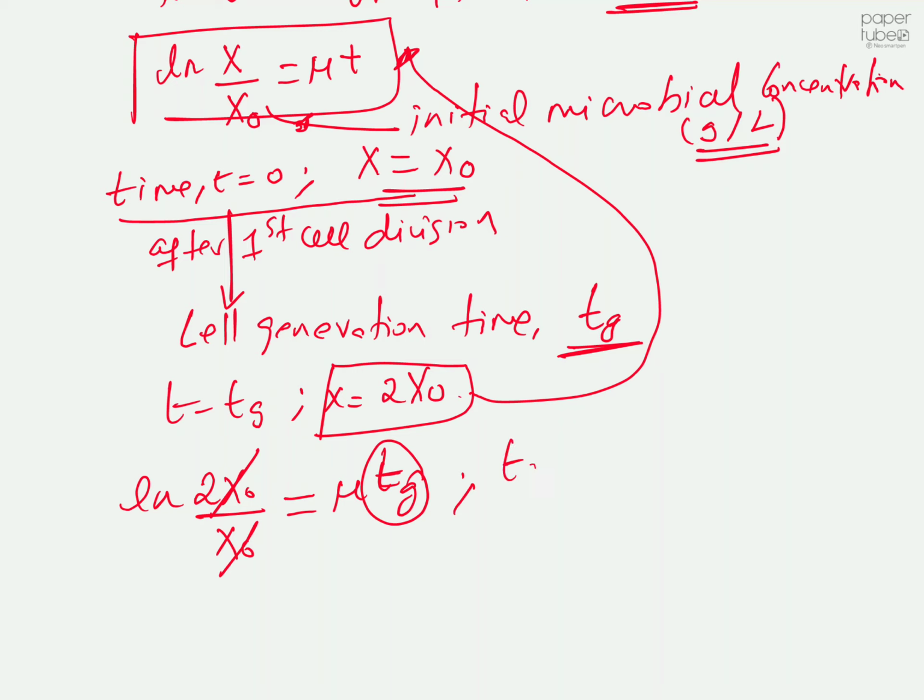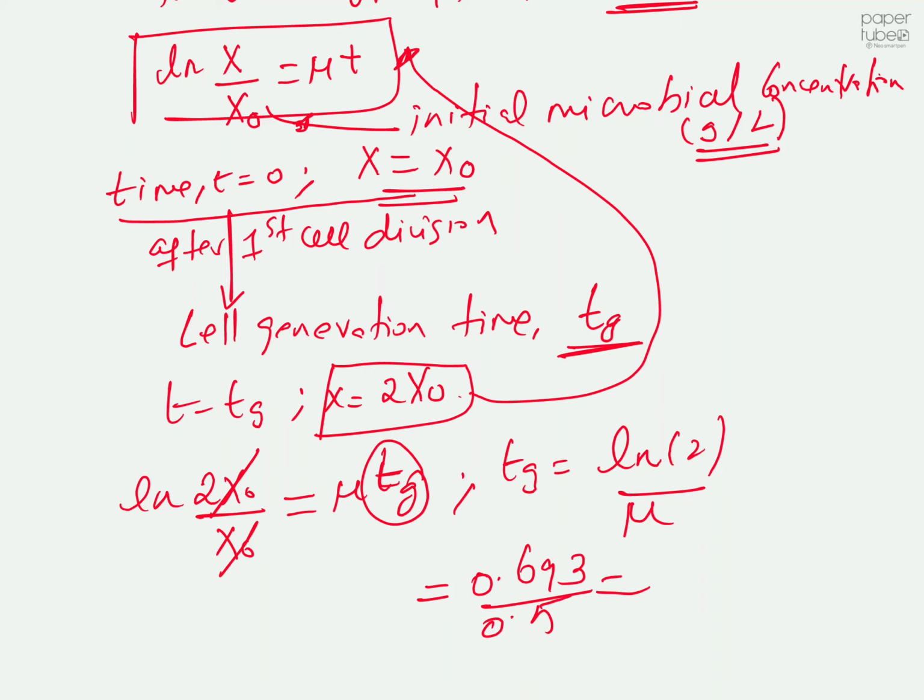So tg will be equal to ln of 2 divided by mu, which is 0.693 divided by 0.5. That value is around 1.4 hours.